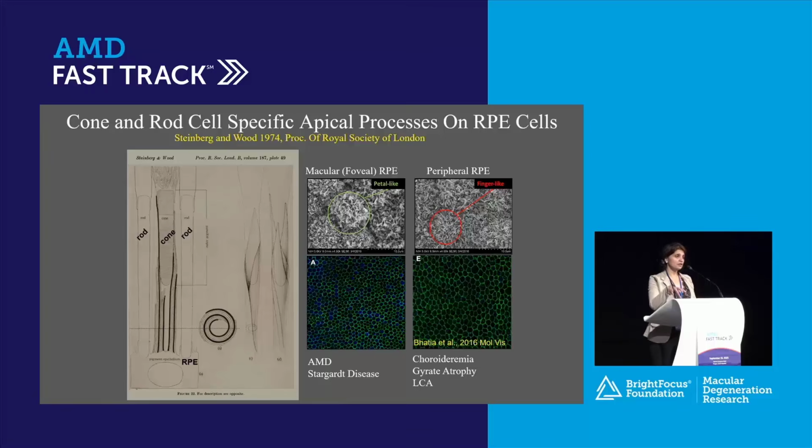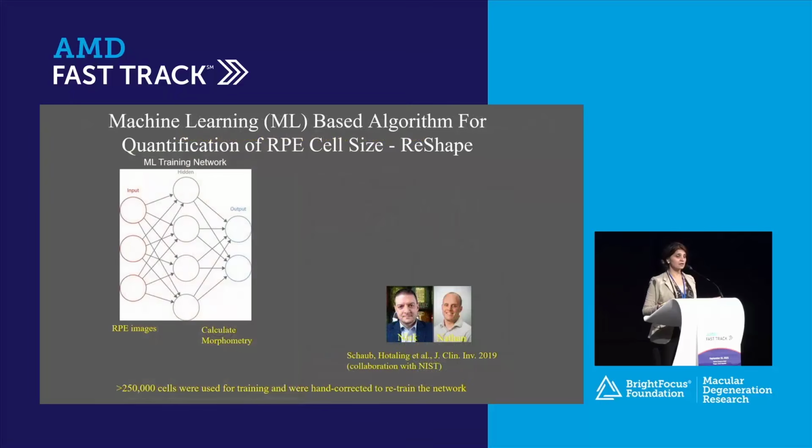What we didn't know until we published our paper is whether this is true for the whole RPE flat mount, or whether there are more RPE populations on a human adult RPE map based on size. If you want to work with 1 million RPE cells and segment their size, you want something reliable or AI based, so that you are actually quantifying each and every cell on your human RPE flat mount.